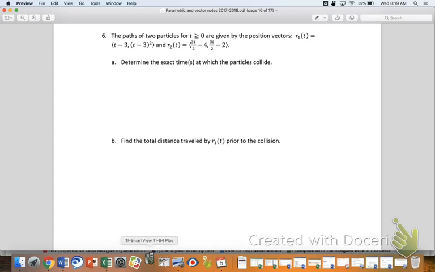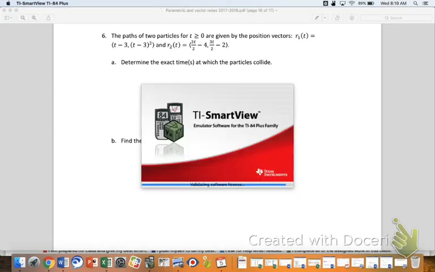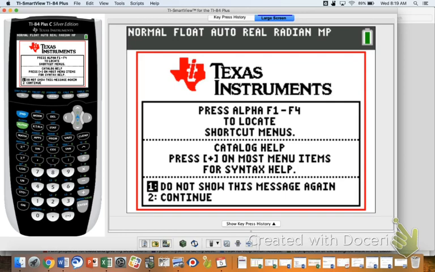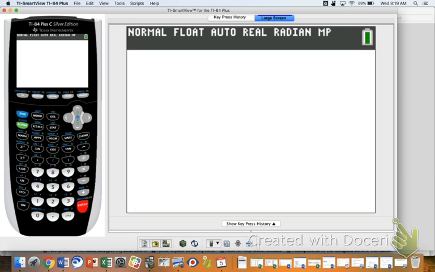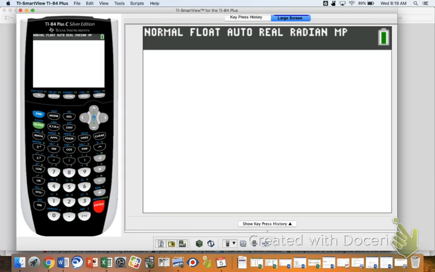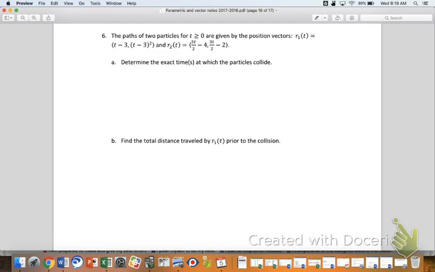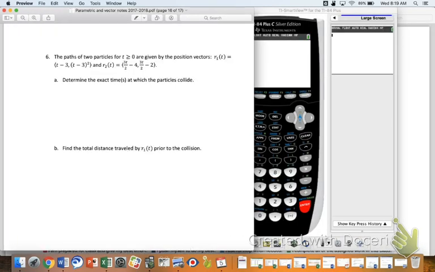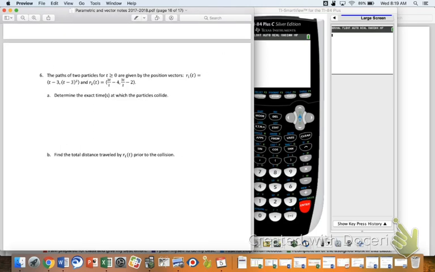Calculator. Hey, there we go. Do not show this message again. Okay, so if you guys would, real quick with me, I just want to do a brief calculator exercise. Check this out.